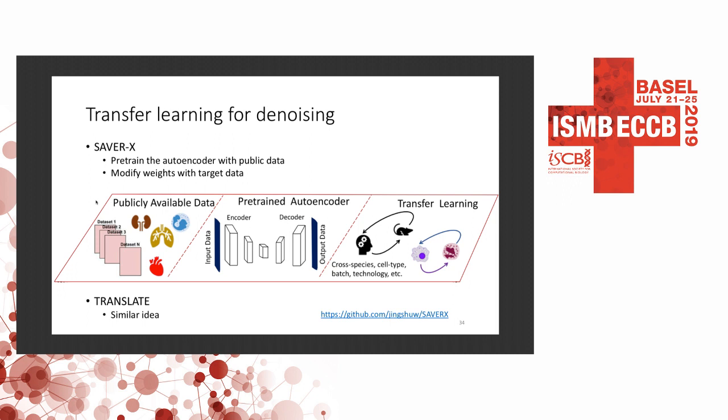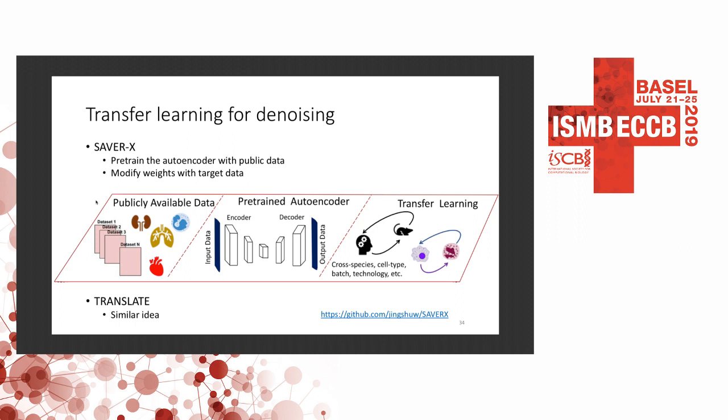So I already have some weights that are determined by these data sets. That's a pre-trained autoencoder. You can also pre-train it with other species like mice. When you have a new data set, you just train the autoencoder again with your new data set on top of the pre-trained autoencoder.